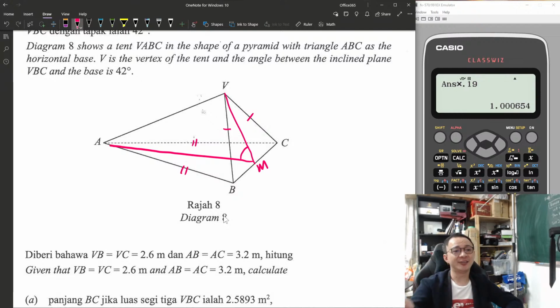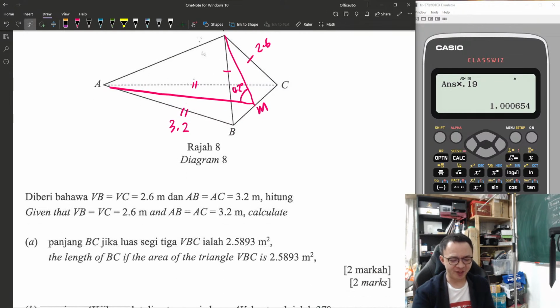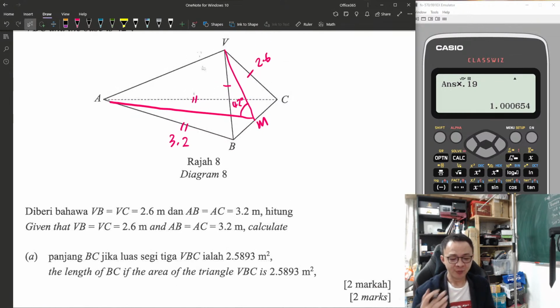So you get the idea. First thing you must get is this angle is 42 degrees. Then we have this one is 2.6, and this one is 3.2. This is all the information we have. They asked us to find the length of BC if the area of VBC is 2.5893.